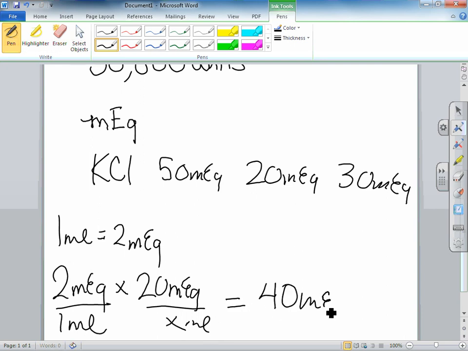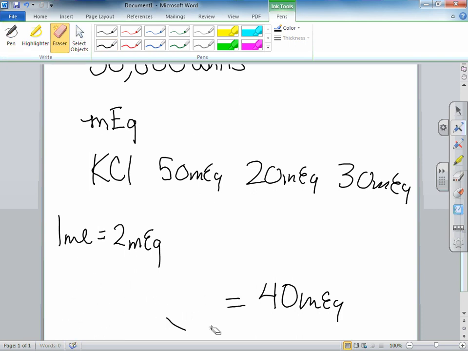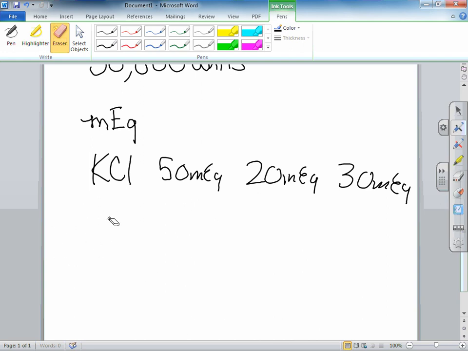That's 40 milliequivalents. Don't worry about the units, you guys. Just know I'm saying 2 times 20 is 40. That's the total dosage there.